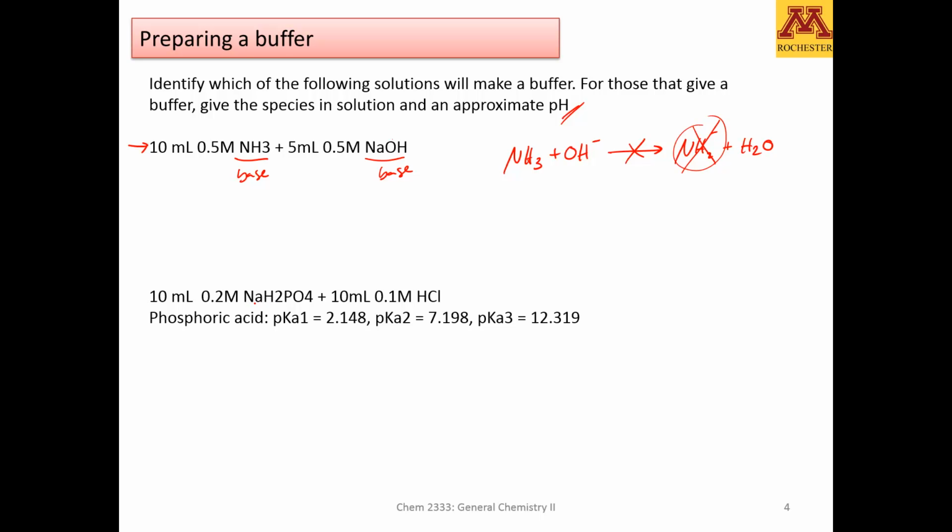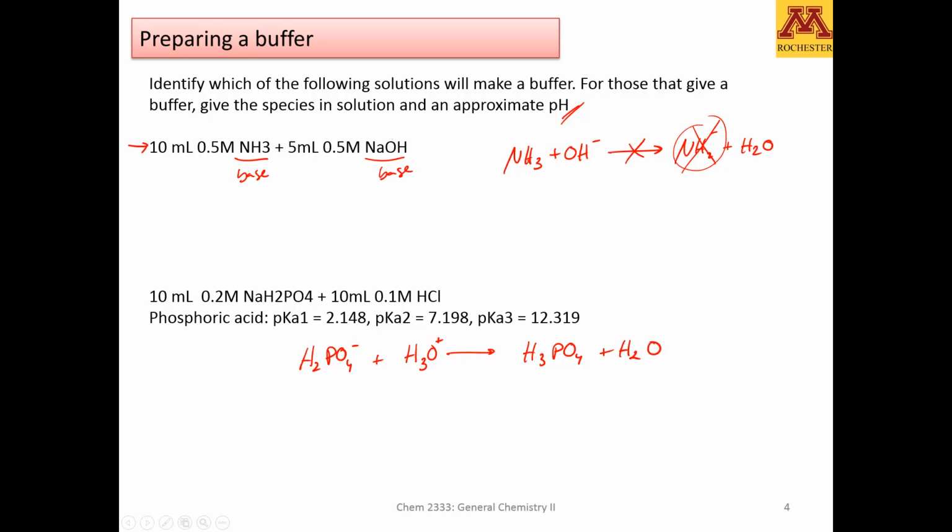If we're mixing sodium dihydrogen phosphate with hydrochloric acid, well, we know that dihydrogen phosphate reacts with the strong acid to form phosphoric acid. Okay? Or if you prefer, it depends how you want to draw the proton. Okay?